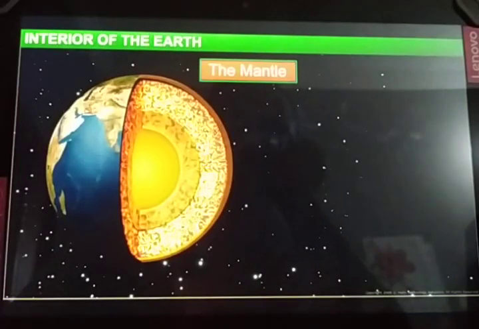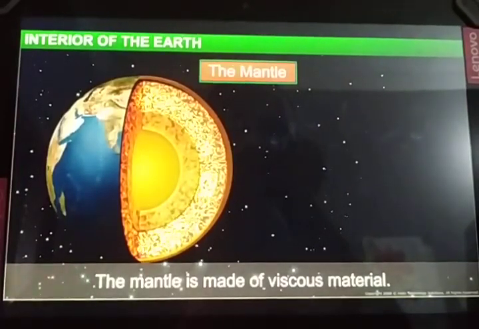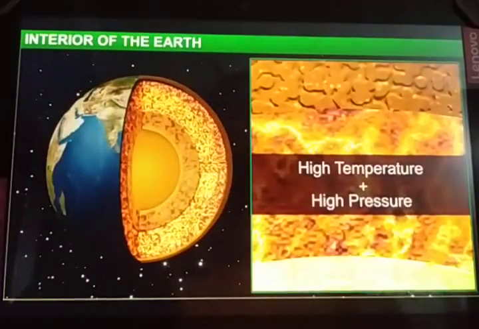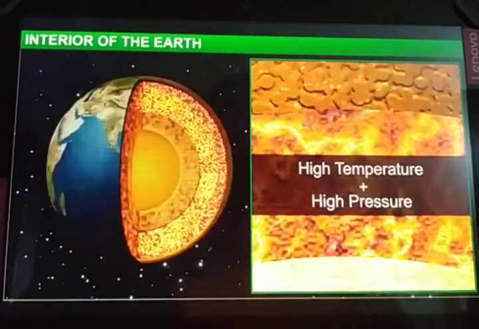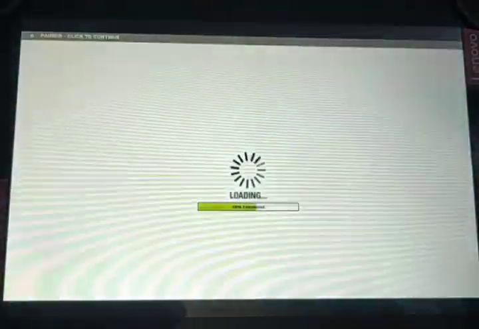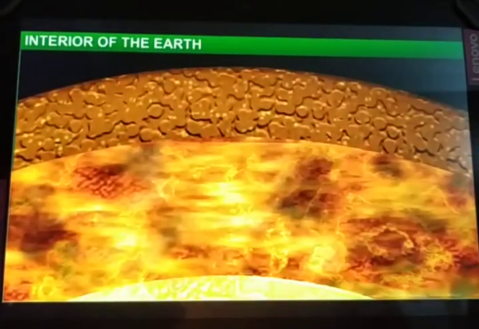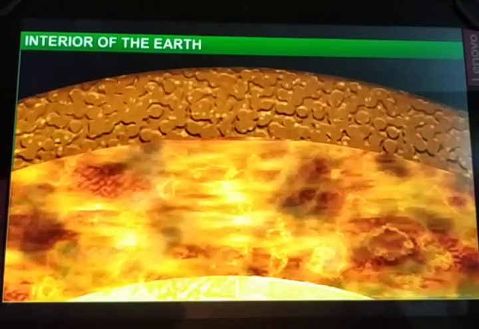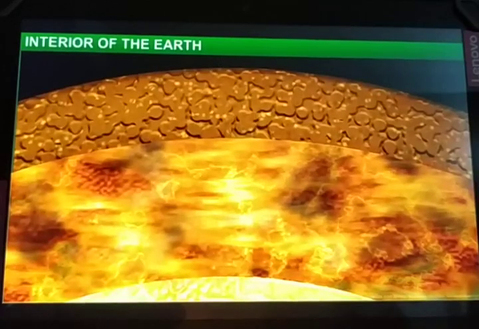It is made up of viscous material. The temperature and the pressure within the mantle are high, as it is located below the crust. That makes the material of the mantle very viscous, which means although it is in liquid form, it does not flow freely.